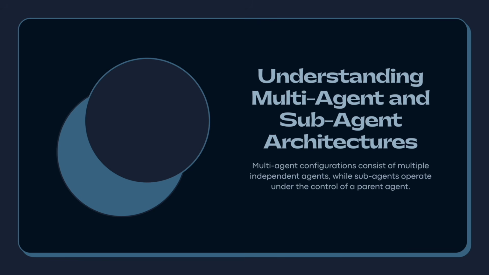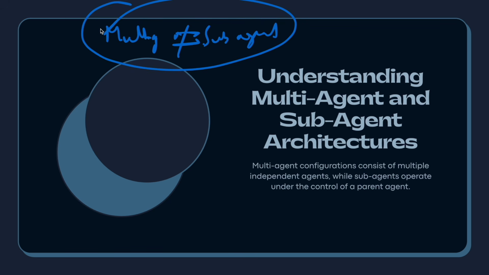You can say that sub-agents come inside the greater Venn diagram of multi-agent, but multi-agent is not equal to sub-agent. Both come in the bigger Venn diagram of multi-agent, but they are not equal to each other.